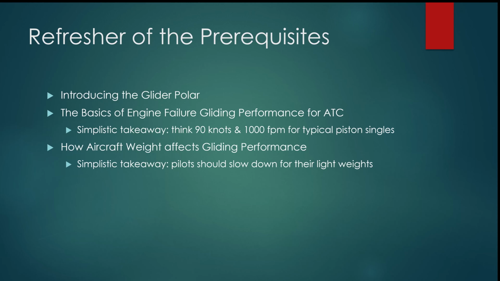However, that's normally the best glide speed for max gross weight. They're typically operating at less than max gross weight, and it's not uncommon for them to be 10 or 15% over the speed that they really should be gliding at. And so they're already taking a performance hit. You will find that in certain cases that actually can be helpful once we add in stuff about the winds, but we'll get to that in a little bit.